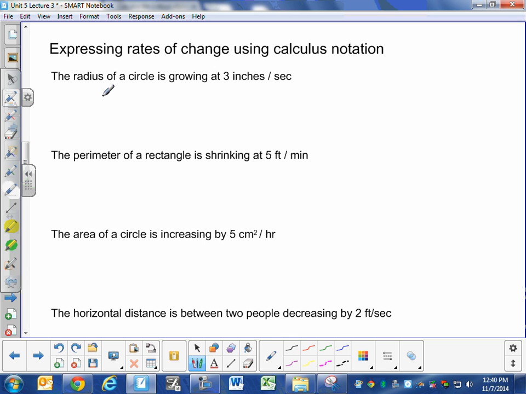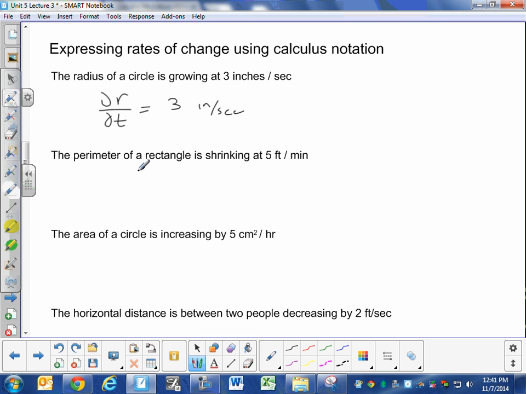I could say the change in my radius at a specific moment is equal to 3 inches per second. dr/dt, the change in my radius with respect to time, is that.